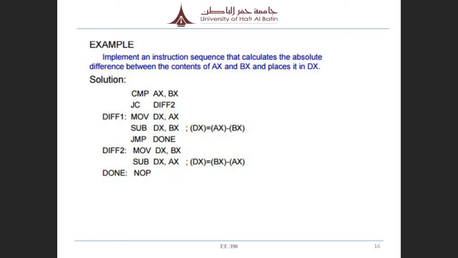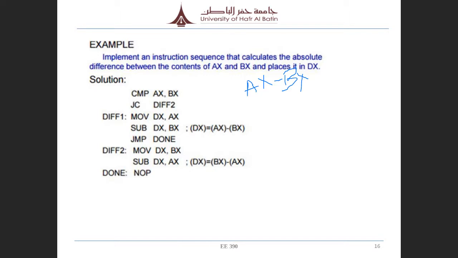Let's see another example. Implement an instruction sequence that calculates the absolute difference between the content of AX and BX and places it in DX. Absolute difference of two values in the AX and BX registers. If AX is greater than BX, the difference is AX minus BX, because you have to take the absolute value of the difference.